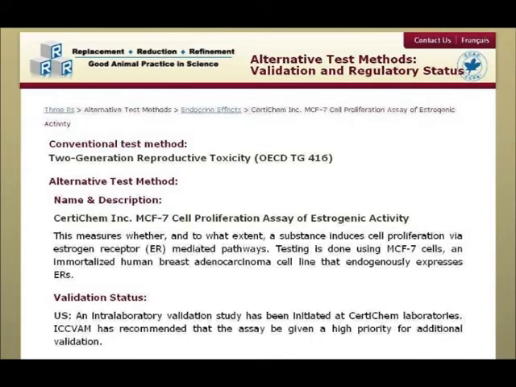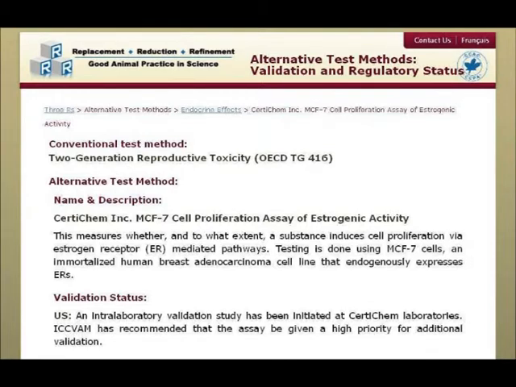The description of this test reads: this measures whether and to what extent a substance induces cell proliferation via estrogen receptor mediated pathways. Testing is done using MCF-7 cells, an immortalized human breast adenocarcinoma cell line that endogenously expresses ERs, that's estrogen receptors.